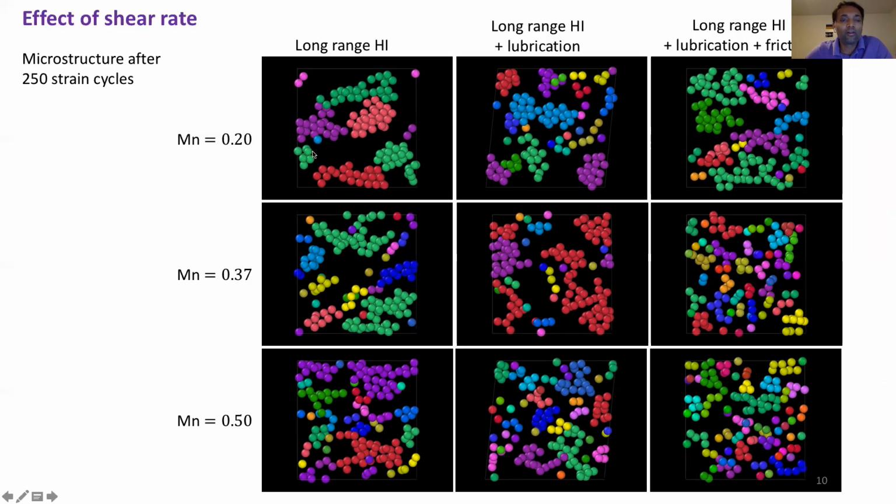What we can tell from this slide is that for each of these modules, as you increase the Mason number, or in other words the shear rate, the size of the clusters reduces. And for a given shear rate, the friction module produces the smallest cluster sizes, or more uniform material, whereas the other two produce larger clusters and more heterogeneity.